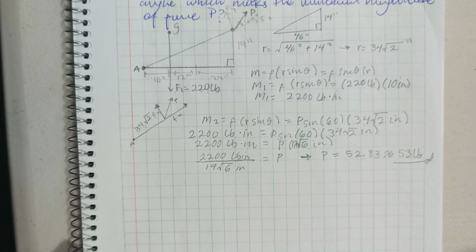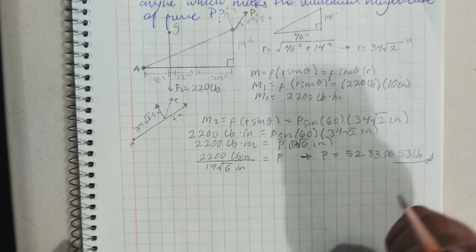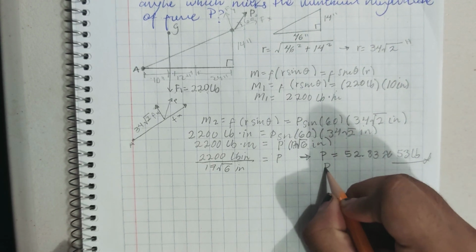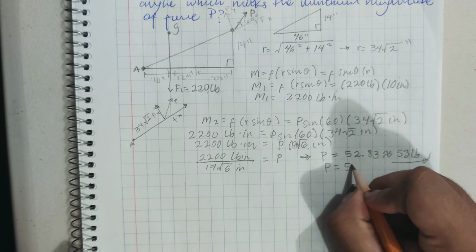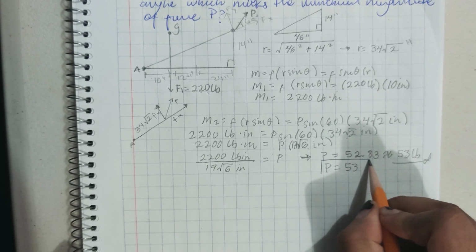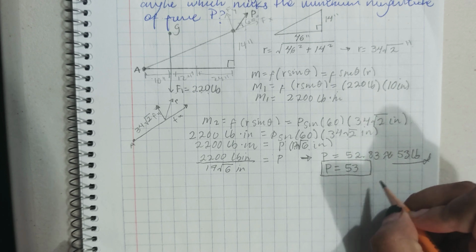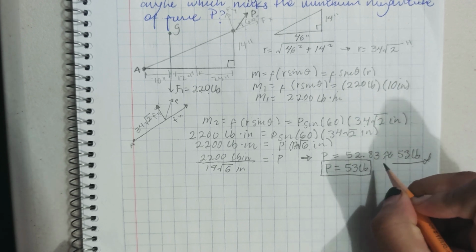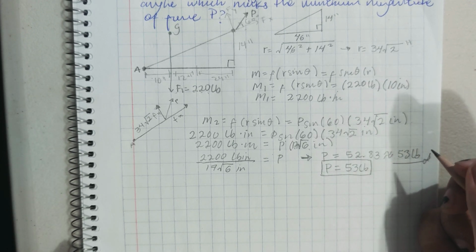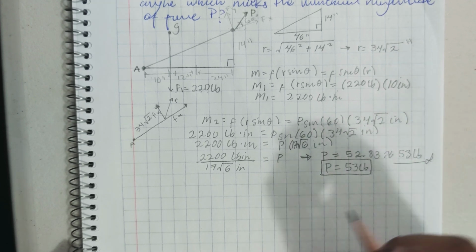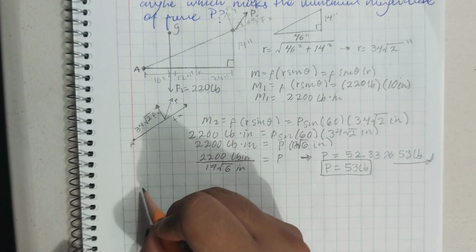So we can say that the force P is equal to 53, and it is a force in units of pounds.